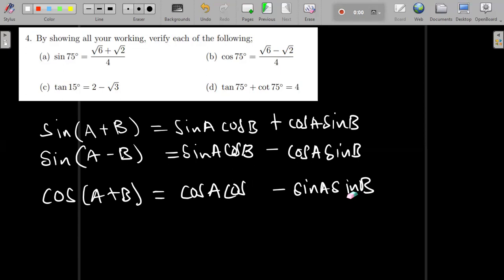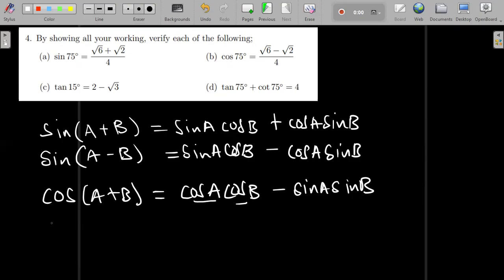All right, it's just fine. I thought I mixed them up. So if you have cos A plus B, it will be cos A cos B, and then minus sine A sine B. Okay, so that will be the double angle formula that we'll be using for a cos.